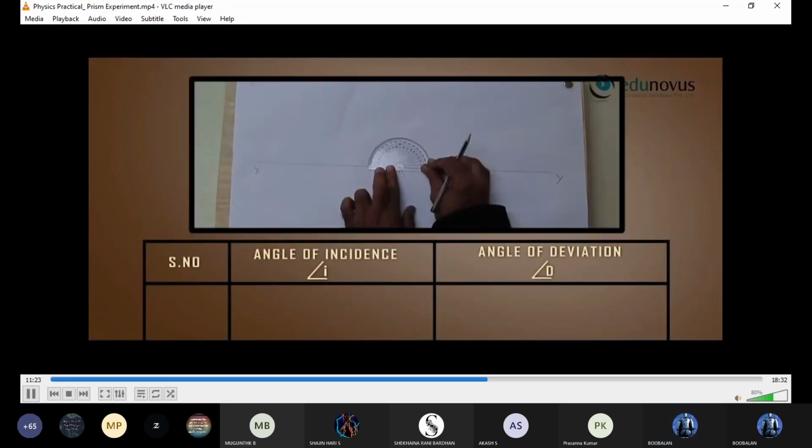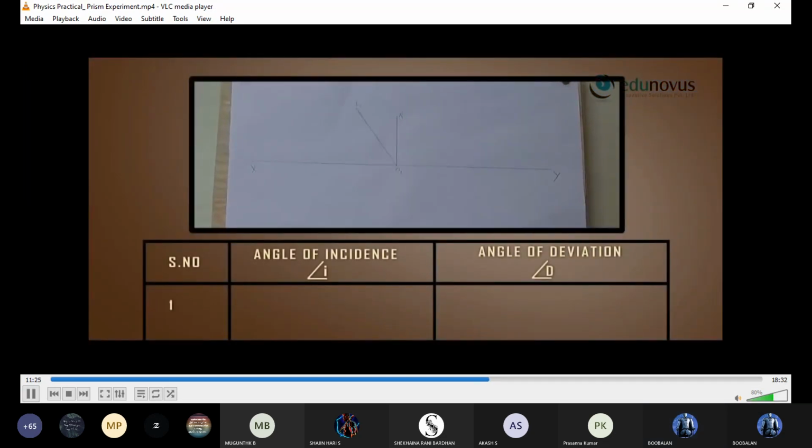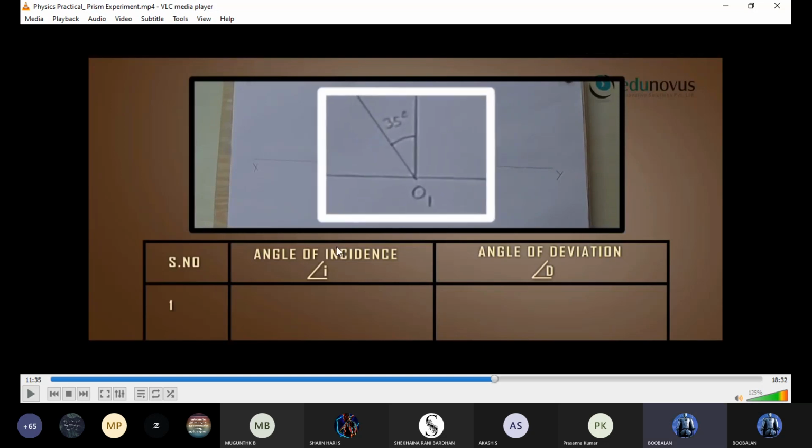Refractive index of prism. Observations. Observation table for angle of incidence I and angle of deviation D. This table is there in your account note. But refer to the lab manual, you will get angle of incidence and angle of deviation.